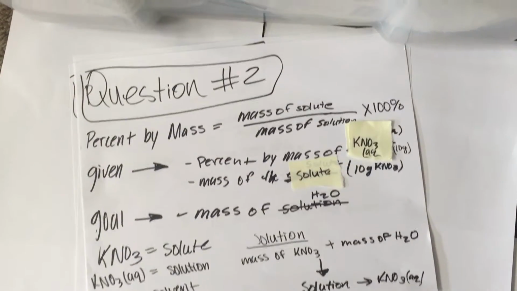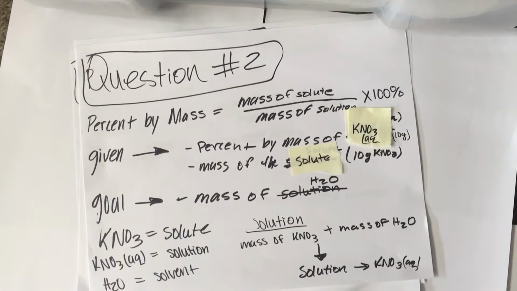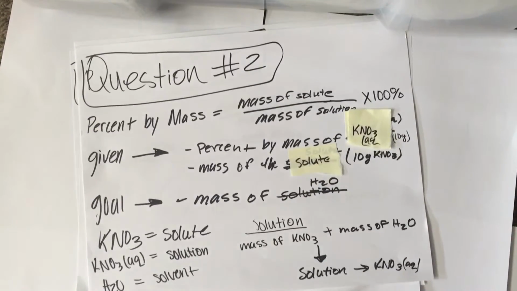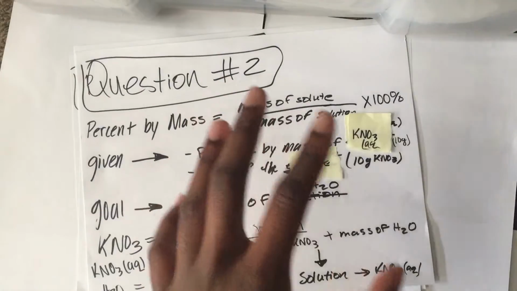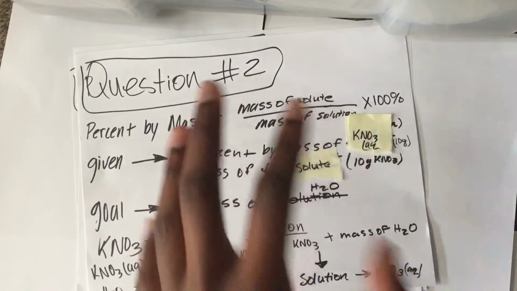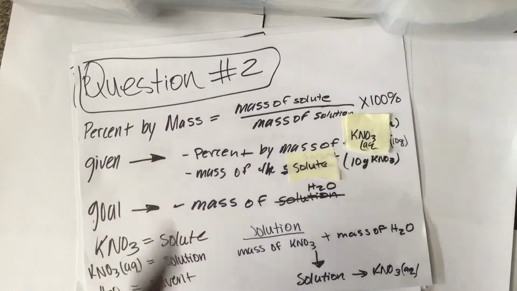Instead of finding the mass of the solution like the other problem, this time you're going to have to find the mass of the solvent. So what I would do is first set up this equation. I always set it up so I know what I'm solving for and what I need, and figure out how to plug in the things they gave me.